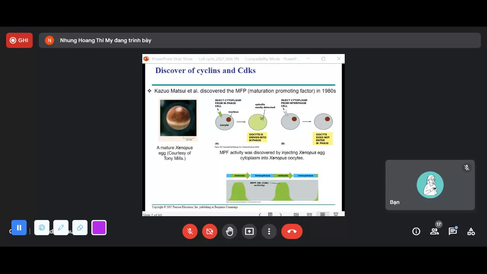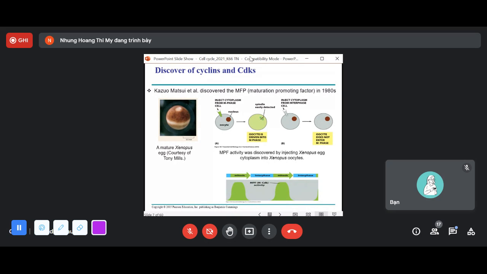So how did the scientists figure out the cell cycle control? As I said, in the 19th century and 20th century, the scientists observed the cell divide and stop divide, and they didn't know exactly what happened and which factor can induce the cell to come to the cell division and which factor can inhibit the cell division.